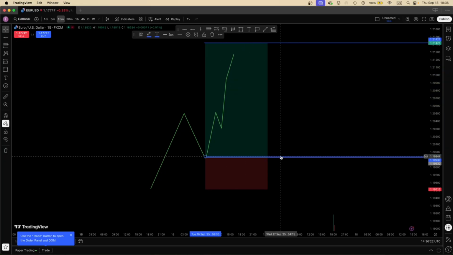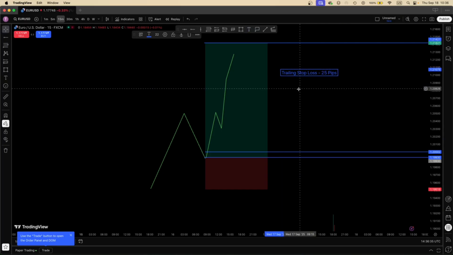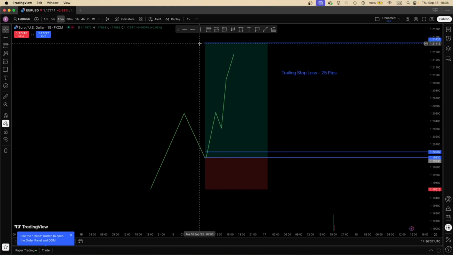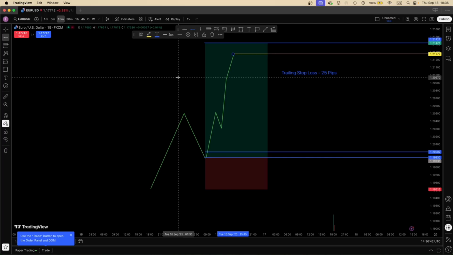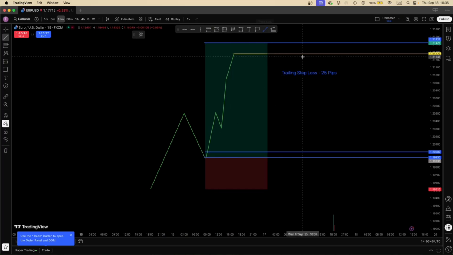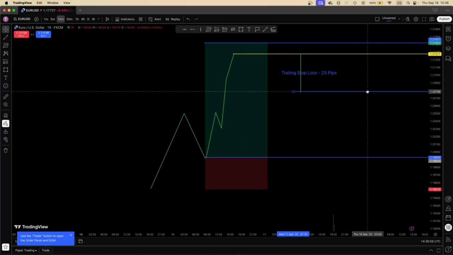Another way is trailing stop loss. Maybe you put 25 pips. So what it does is, let's say your current price is at this point, it calculates 25 pips from the current price. So let's say this is 25 pips for example, and your stop loss will go here.